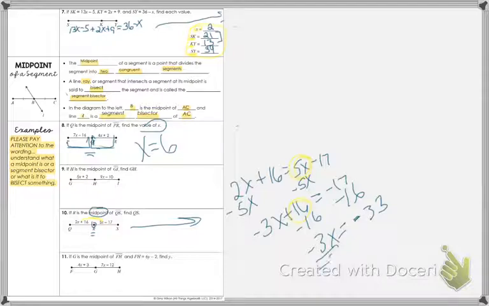Last step is division. Divide by negative 3, divide by negative 3. x is equal to 11. But that is not what it wants. It wants the distance of QS. So I'm going to write x equals 11.